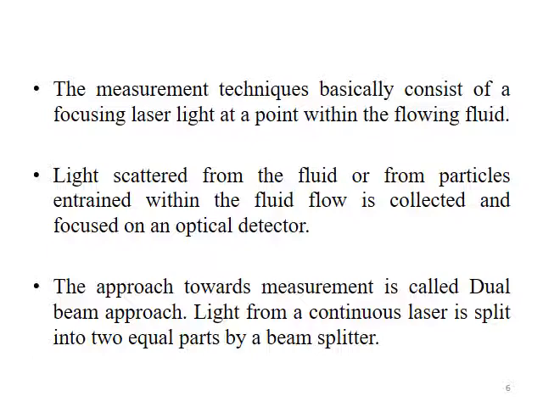At the place where the two beams cross in the fluid, they interfere to form fringes consisting of alternate regions of high and low intensity. When a particle traverses the fringe pattern, it will scatter light when it passes through the region of high intensity.